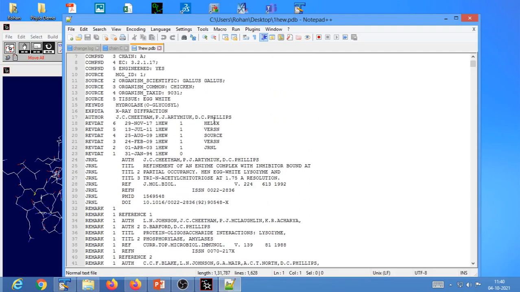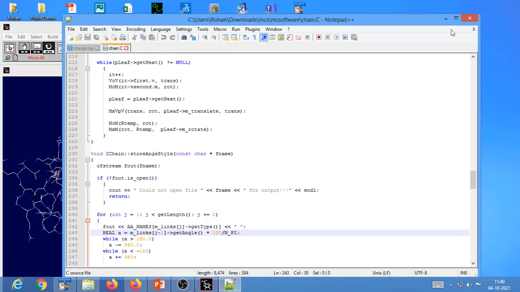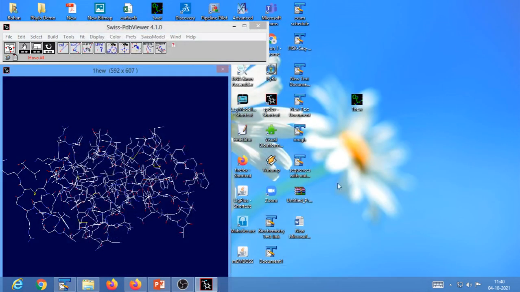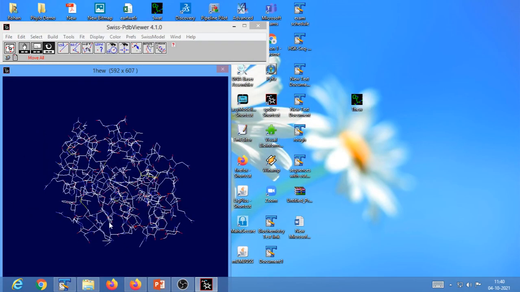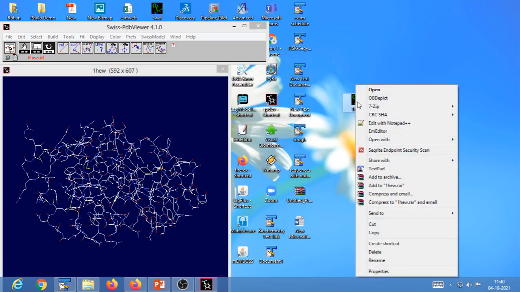Okay, good. So I hope now you know how to open the same PDB file in three dimensions to visualize the three-dimensional structure of the protein. And in order to see what is written in that PDB file, you can use any text editor, like this Notepad.